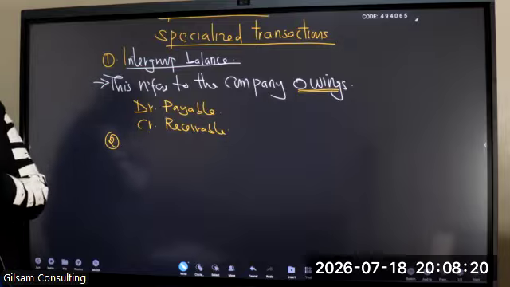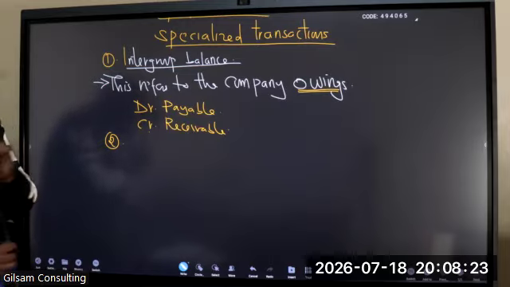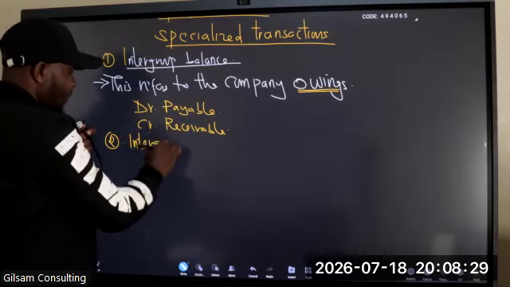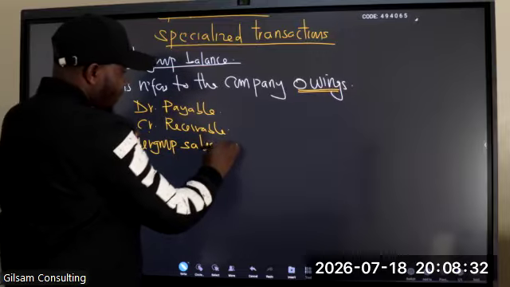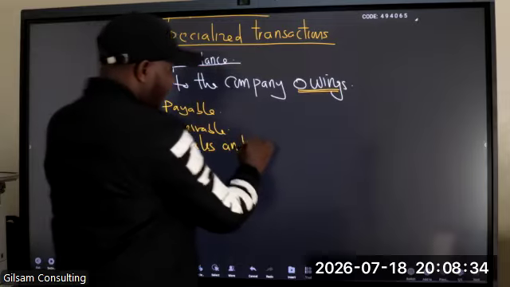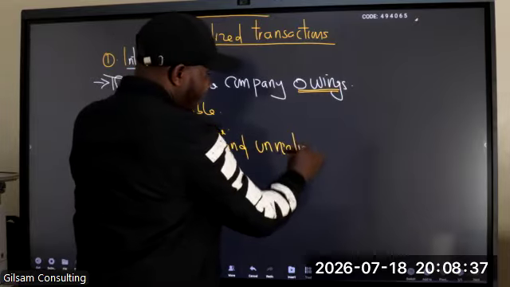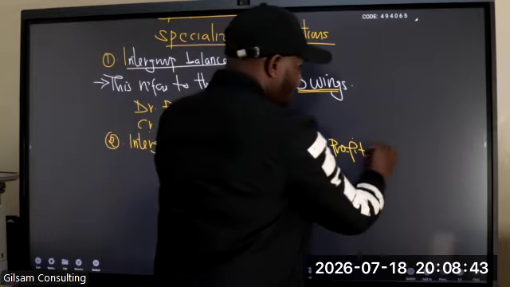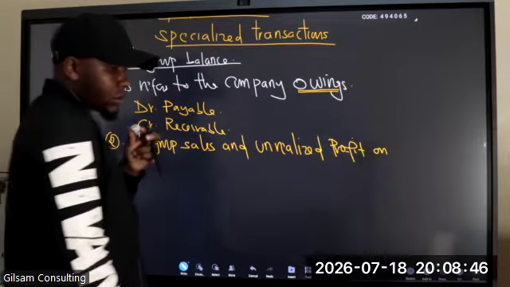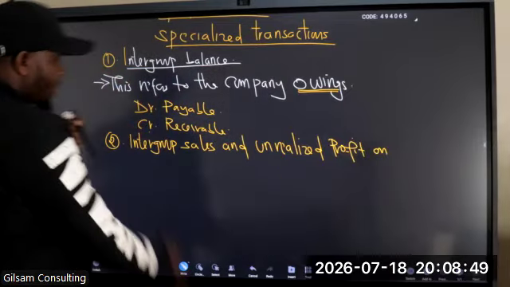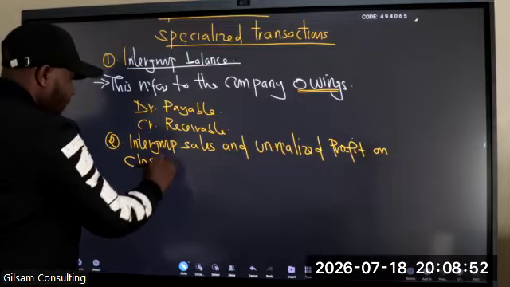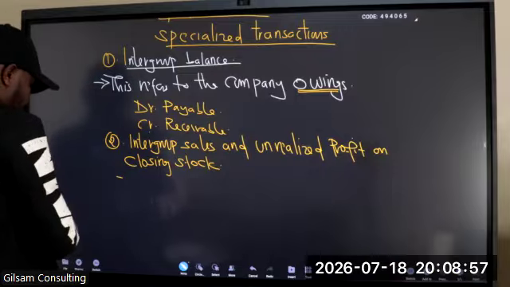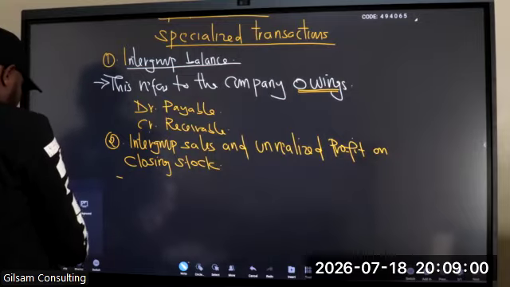Number two is intergroup sales and unrealized profit on closing stock, or the inventory.